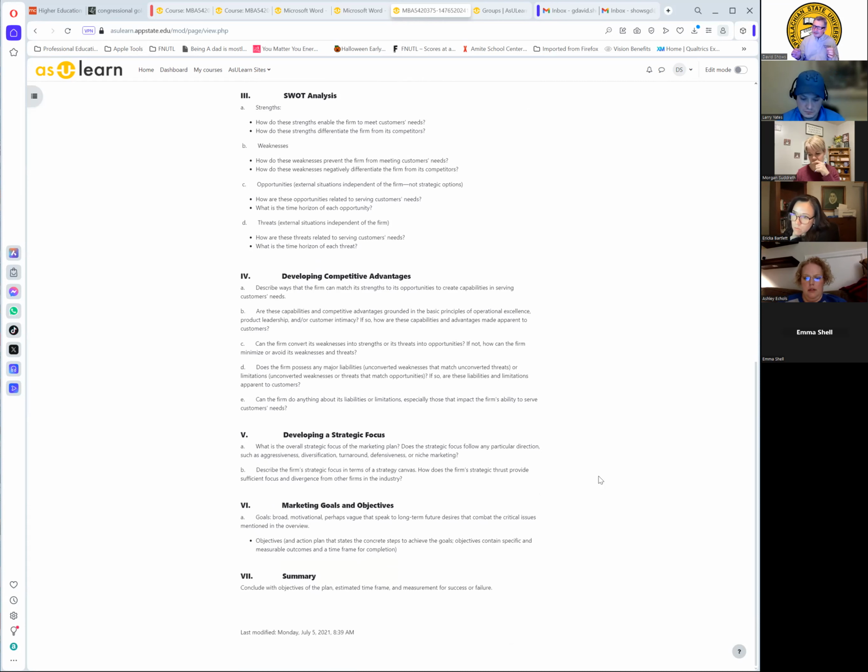Remember that strategies can be broad and that they are over a period of time. It's the objectives, all right? Your objectives, which are usually number driven and are measurable for success or failure, because generally they're talking about a certain number of months or years in order to achieve that, okay? And so talk about your strategic focus, set your goals and objectives, and then you finish with a summary, all right?